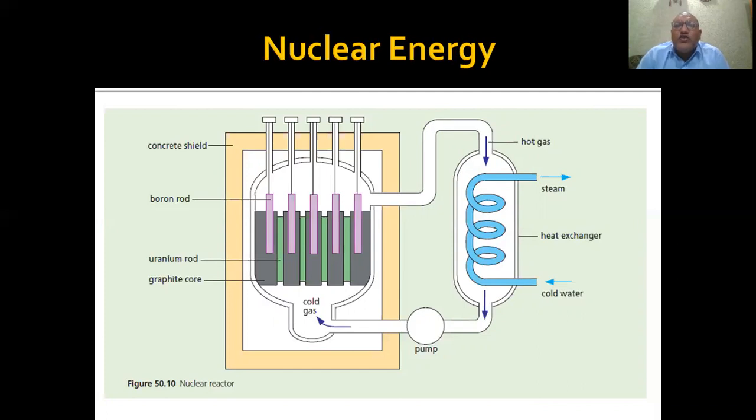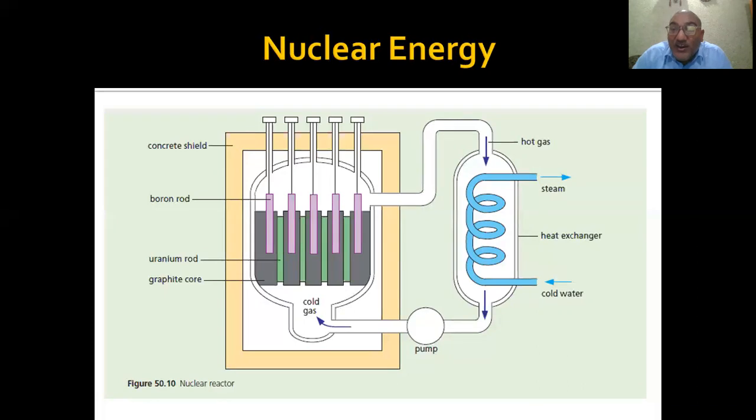If you are able to control those neutrons, then you can control this nuclear fission, because a lot of heat and energy is produced when the nuclear fission of uranium takes place.